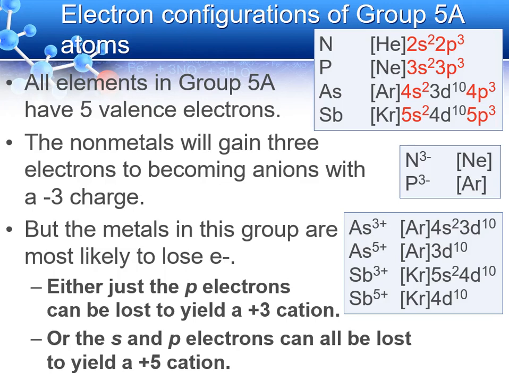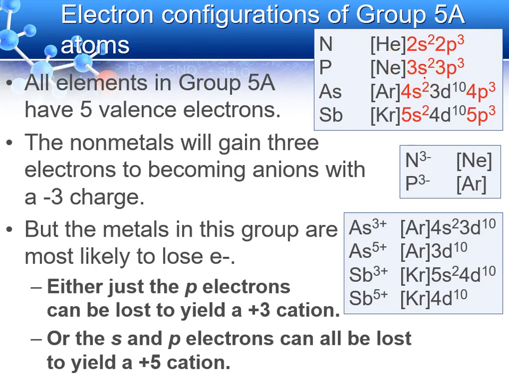Okay, so now we're past the halfway point. So we're in 5A. So here I decided to focus on nitrogen, phosphorus, arsenic and antimony. So nitrogen and phosphorus are nonmetals. And then we know that nonmetals gain electrons. So here, if we look at 2s2, 2p3, or 3s2, 3p3, we have 5 valence electrons.